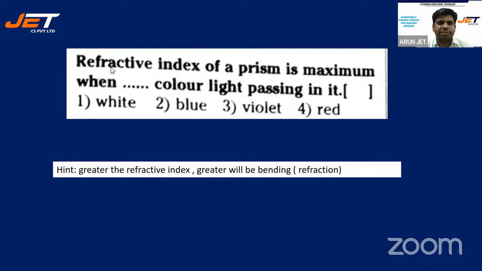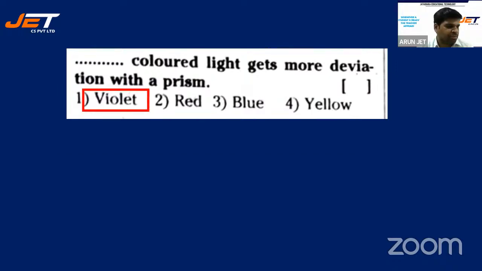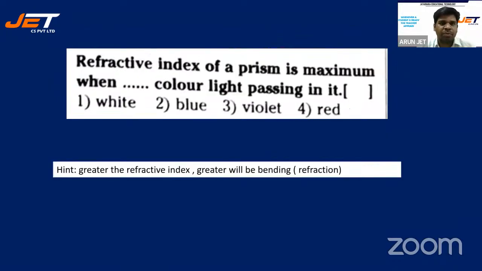Refractive index of a prism is maximum when dash color of light is passing in it. So the hint over here is, greater the refractive index, greater will be the refraction, or greater will be the bending. Bending is nothing but the refraction.